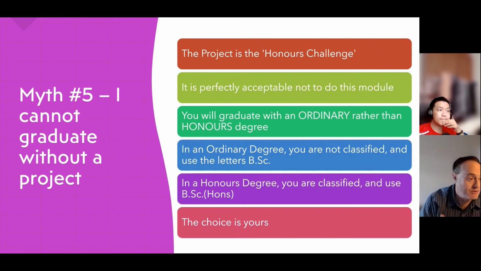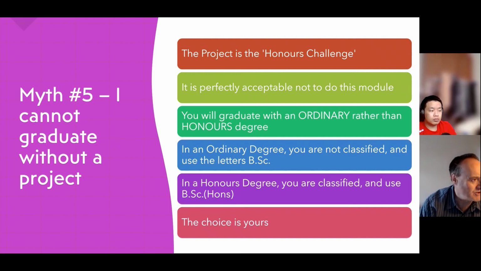Because you've got to this point, you should be fairly confident that intellectually you can complete a project. But because of the mechanics of doing such a piece of work, it may be that this is a little bit beyond you. And that's where the course design has really helped you out here.